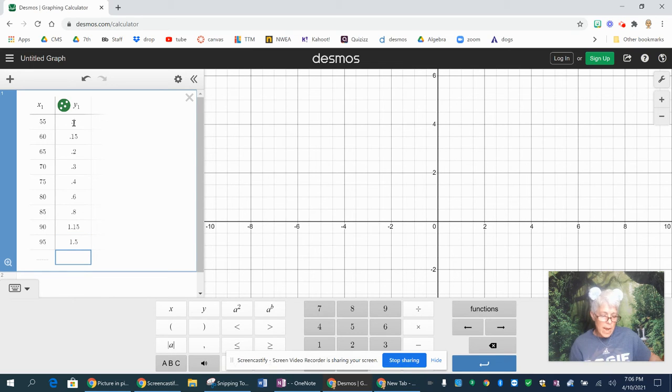Okay, now we have a table in, and it matches the table on your notes.